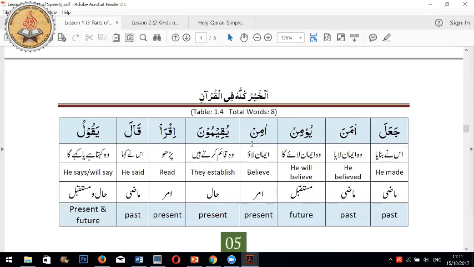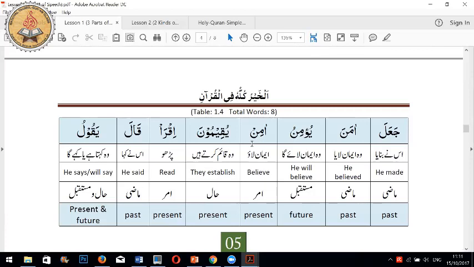So chapter 46, verse 18, and then you can identify the word amin, how both righteous parents used it for a disobedient son.